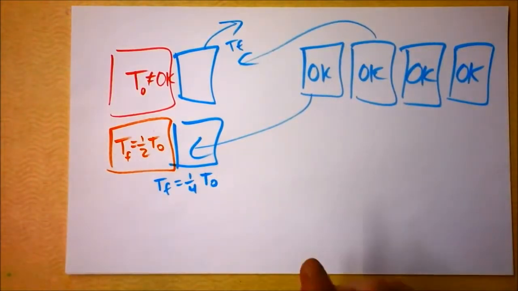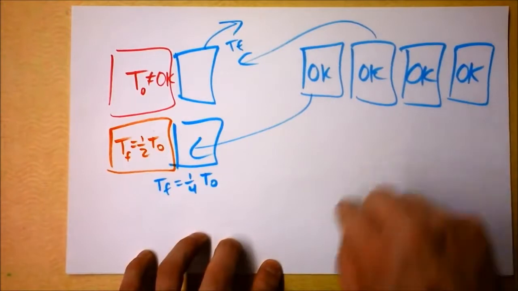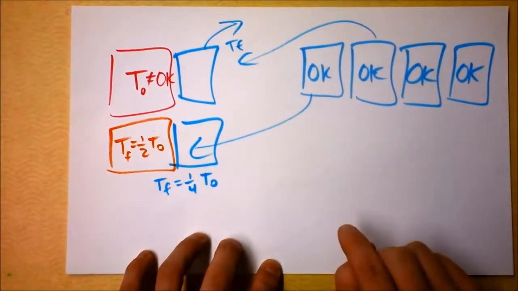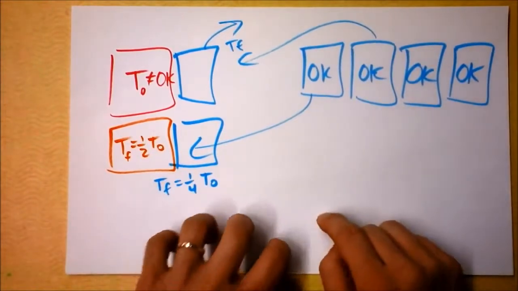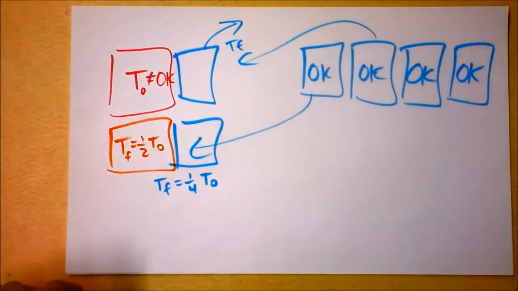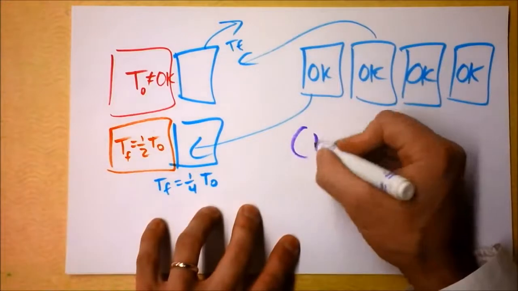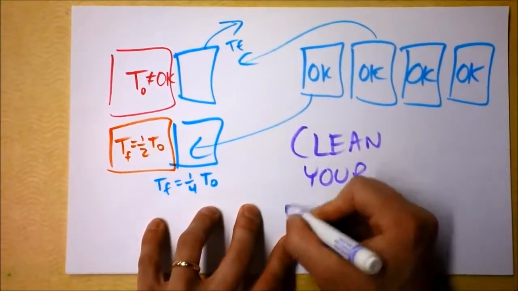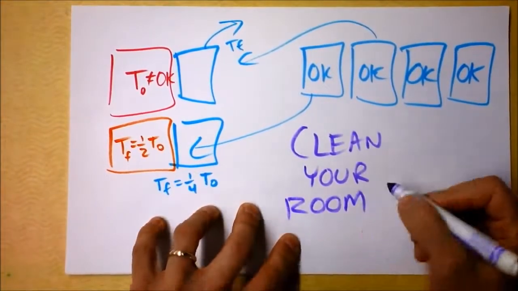So, here's the issue. In your life, you're increasing the entropy of the universe. However, your life has value. Also, you can decrease the entropy of certain systems, like you can clean your room when your mom asks. And that's cool. You do actually decrease the entropy of your room.